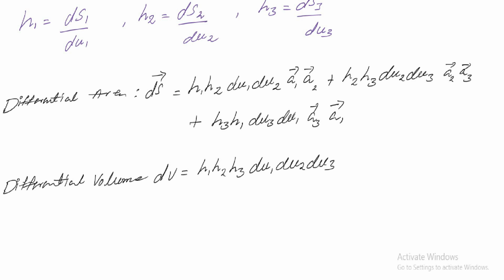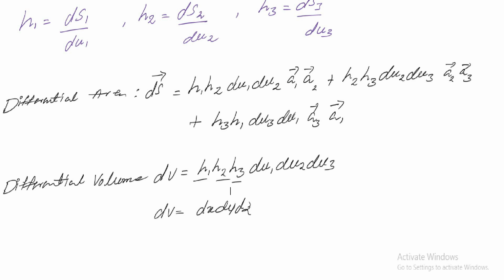So this is your differential volume for your curvilinear coordinate system. Unlike in the Cartesian coordinate system, where the differential volume is dV = dx dy dz, in the curvilinear coordinate system we have h1 h2 h3. What is h1? ds1 by du1.